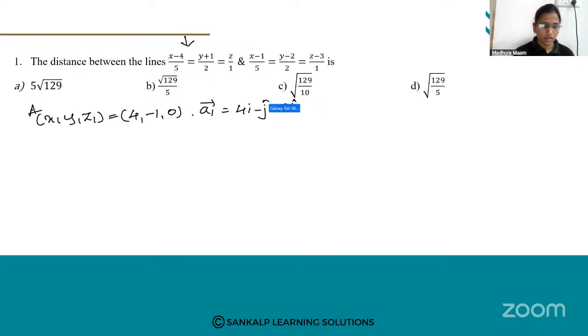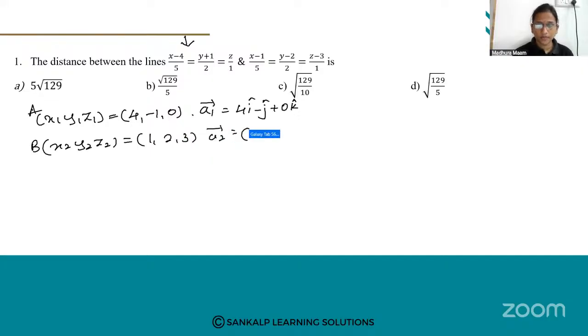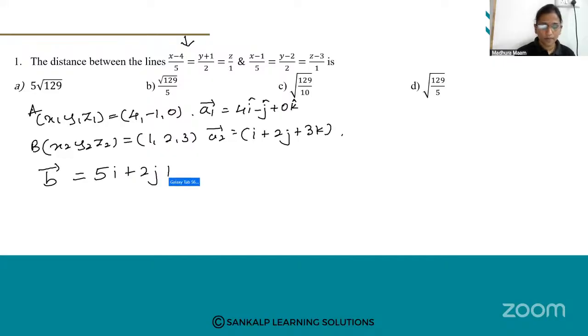Similarly, from the second, x2, y2, z2 are 1, 2, 3. So a2 is i plus 2j plus 3k. Now since these lines are parallel, vector b is common: 5i plus 2j plus k.